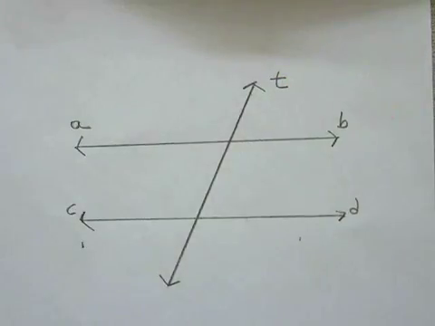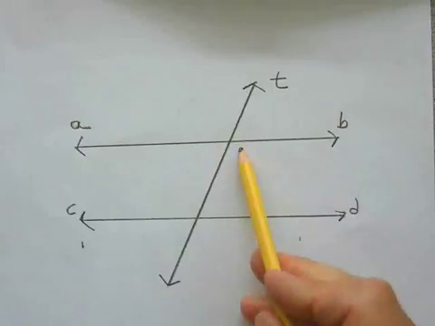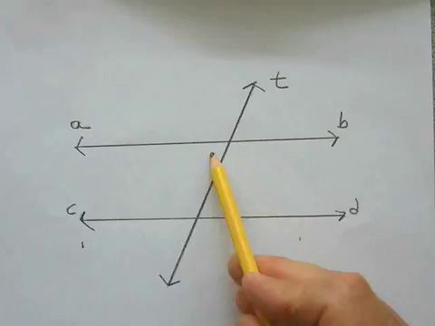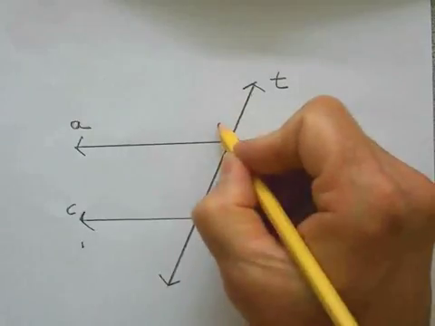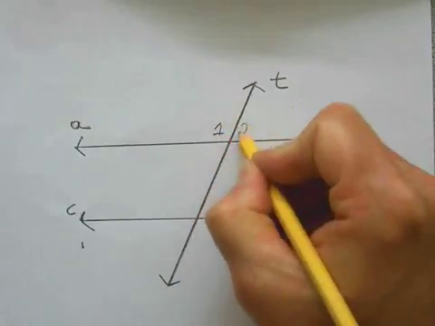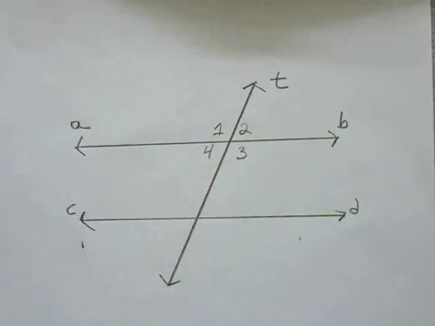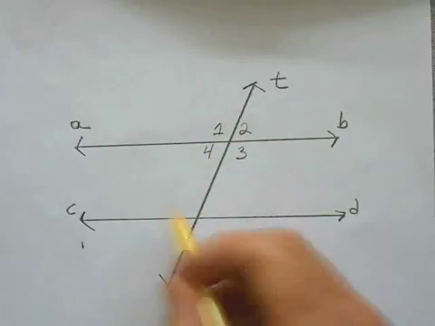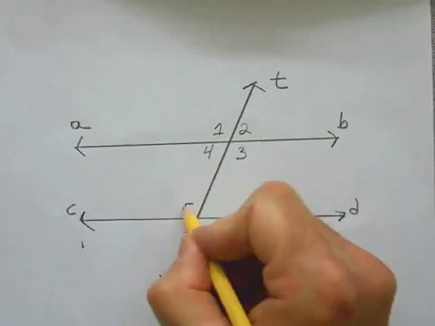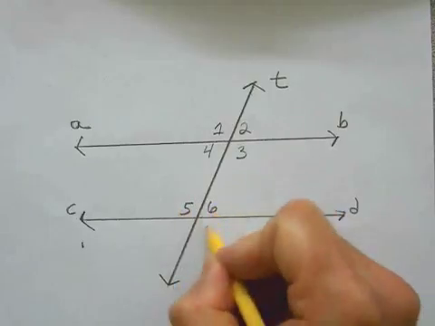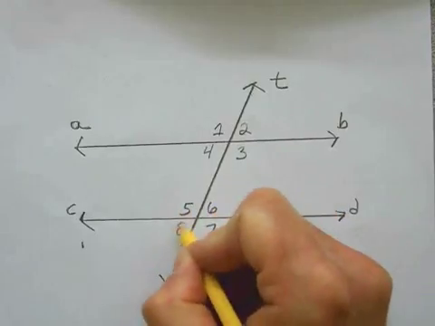Okay? And as you can see, there's been a series of angles that have been formed here. We have 1, 2, 3, 4 here, and let's just write in some numbers. I'm going to call that angle 1, angle 2, angle 3, angle 4. And then there are a series of angles formed here, and I'm going to call those angles 5, 6, 7, and 8.